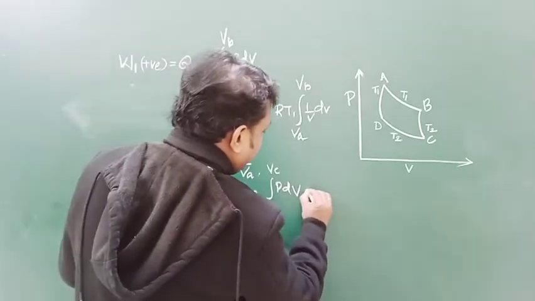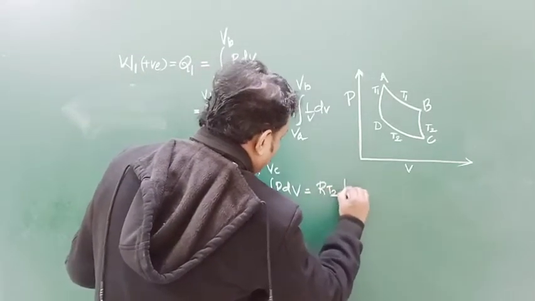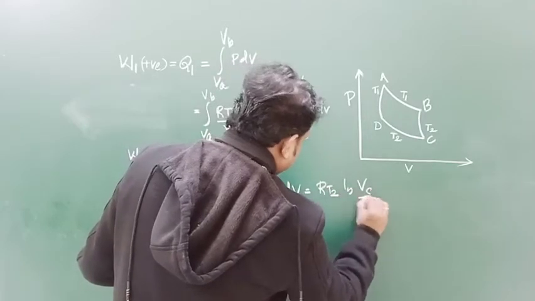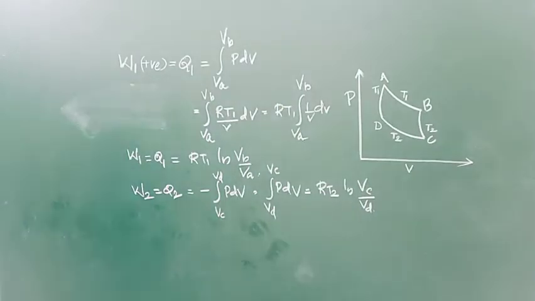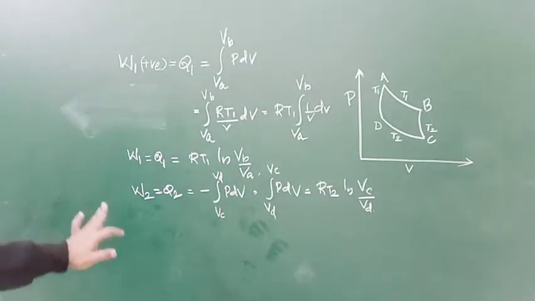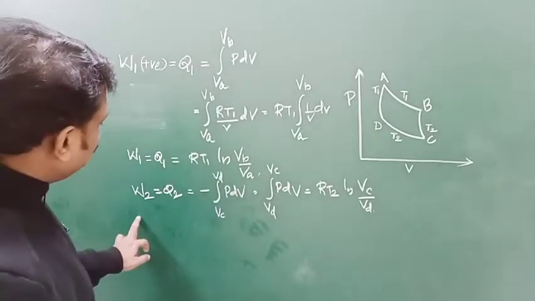That will become RT2 log Vc divided by Vd. This is W1 and W2.